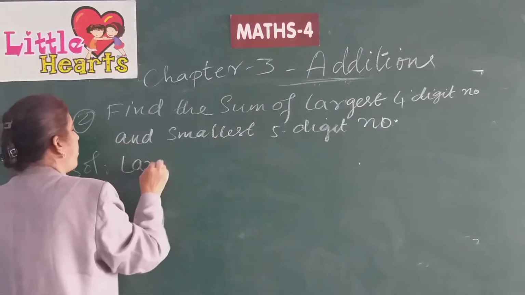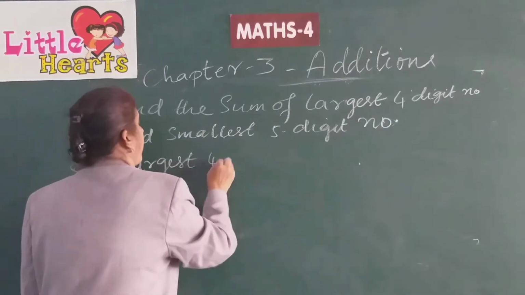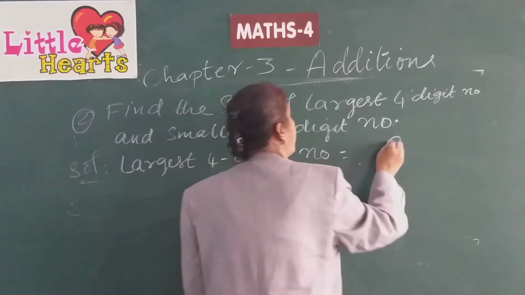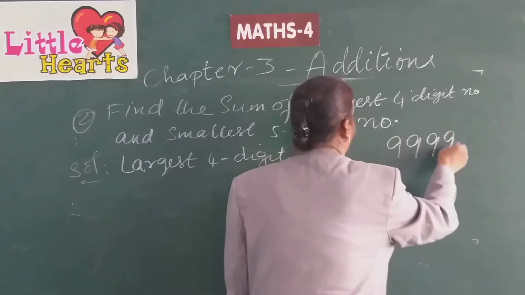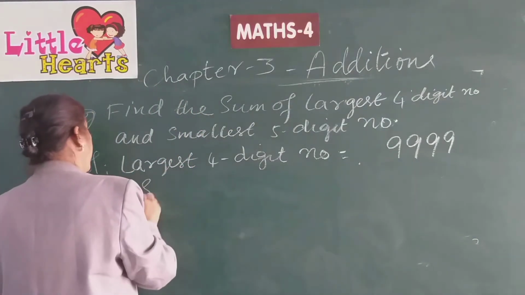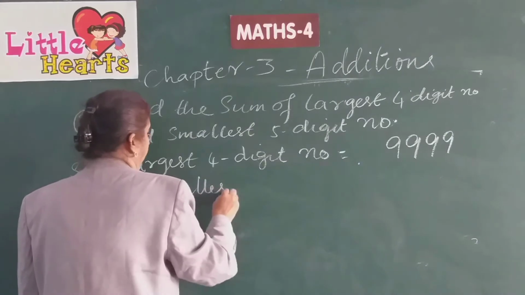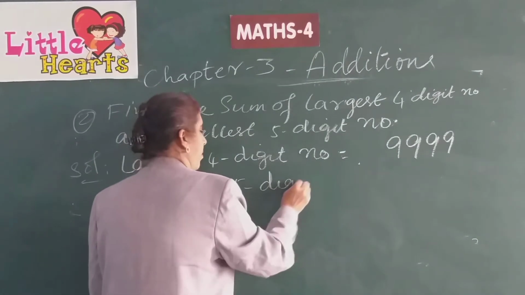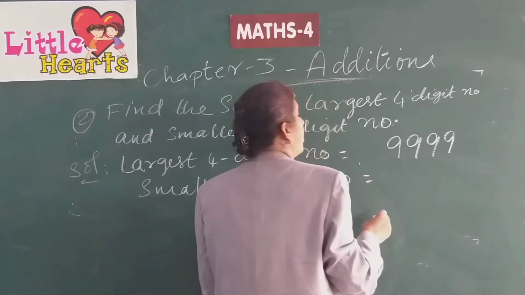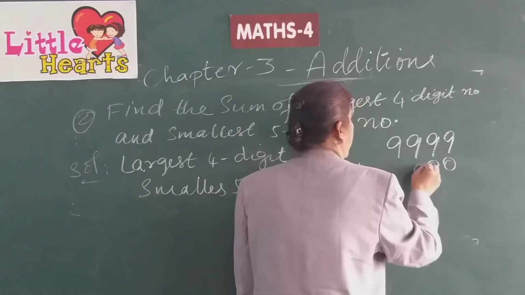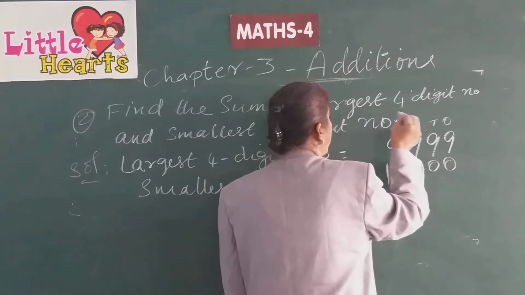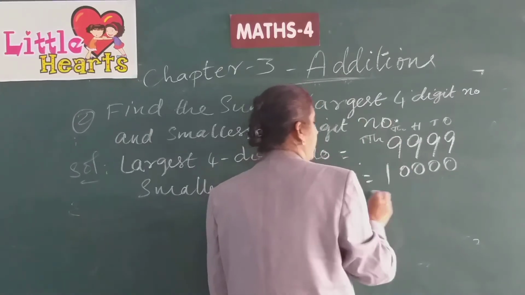Largest 4-digit number, 9,999. We all know that. Smallest 5-digit number, that is 10,000. Ones, tens, hundreds, thousands, ten thousands.